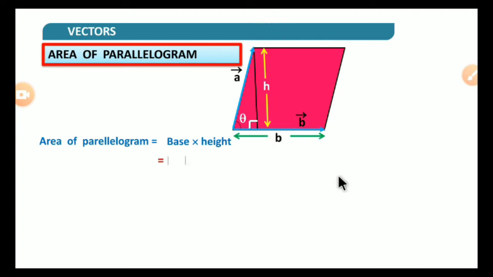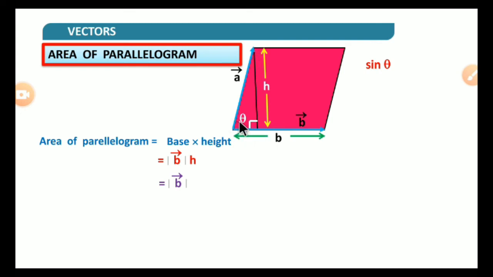Therefore, it is equal to the magnitude of vector B into h. Now we have to find the value of h by applying trigonometry on this right-angled triangle.